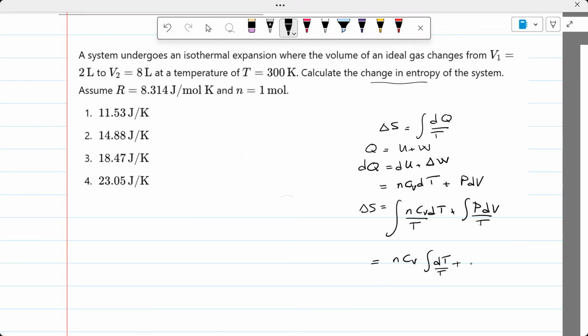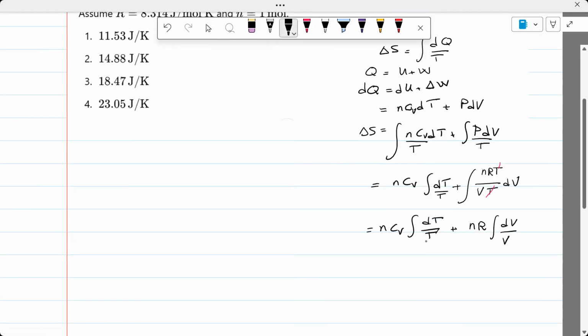So what I will do is use the ideal gas law to write P and T in terms of V. If you rewrite P, for instance, as nRT over V, you will notice how T cancels out, and you would get nCV integral of dT over T plus, okay, nR is constant, I can take it outside, and here I will have dV over V. You can see what's the solution of these integrations.